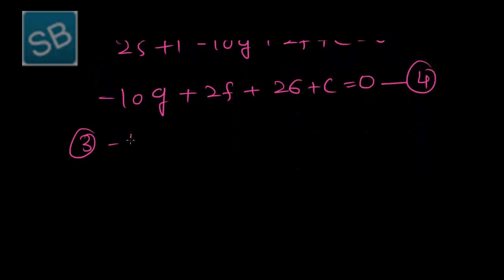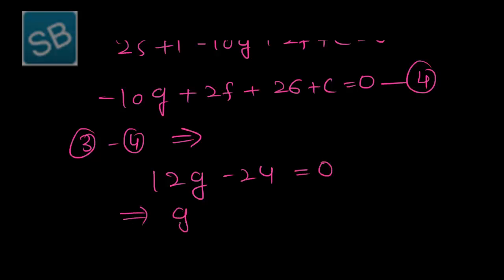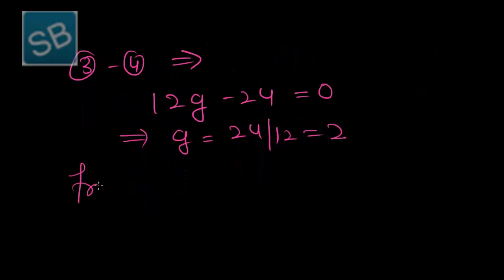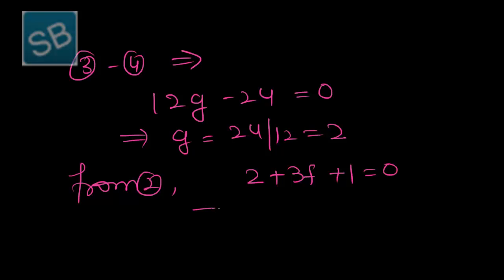Therefore, 3 minus 4 gives 12g minus 24 is equal to 0. That gives g is equal to 24 by 12 is equal to 2. So from number 2, we have 2 plus 3f plus 1 is equal to 0.